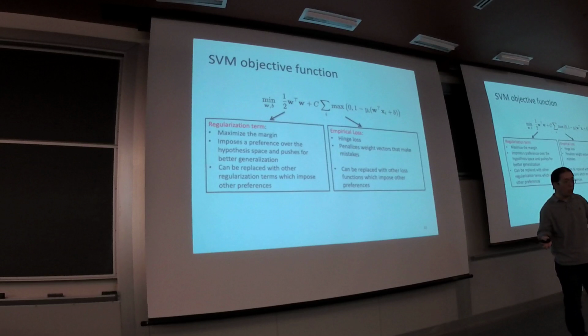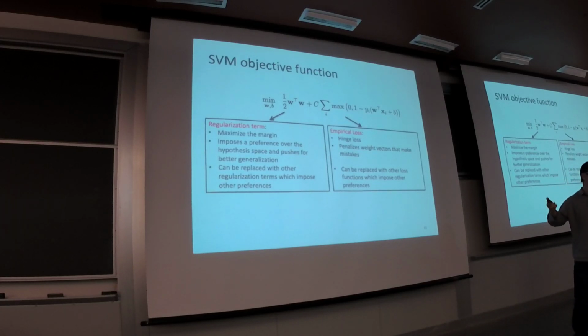If your model is too complicated, that means you use too expressive a hypothesis space, and you end up with a big VC dimension and a larger generalization error bound. So this is a regularization term. And the second term is the hinge loss. You know that hinge loss penalizes your incorrect classifications and also your misclassified examples.